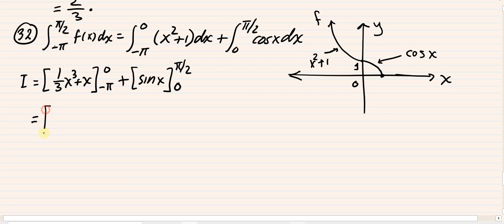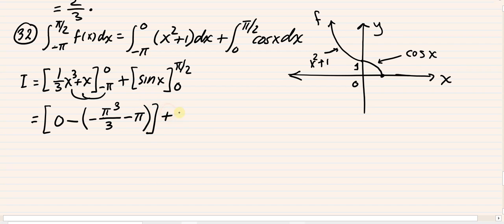Now the upper limit inside the interval, you plug in the upper limit by the fundamental theorem, you get 0, right? Minus the lower limit, when you plug in negative pi. For the lower limit, I'm going to get negative pi cubed, that's x cubed, over 3 plus negative pi, which makes it negative pi, right?